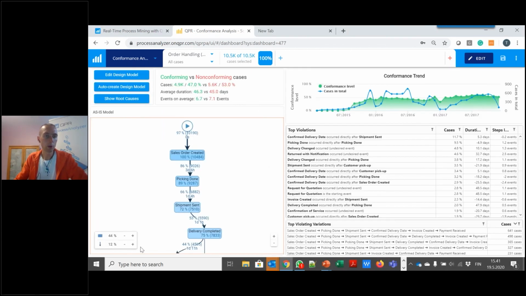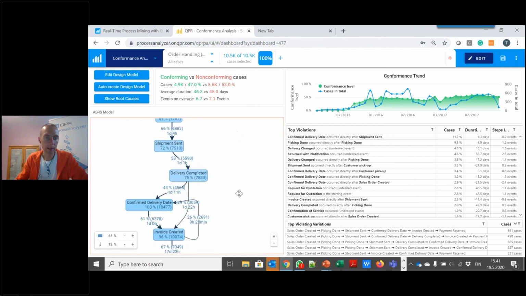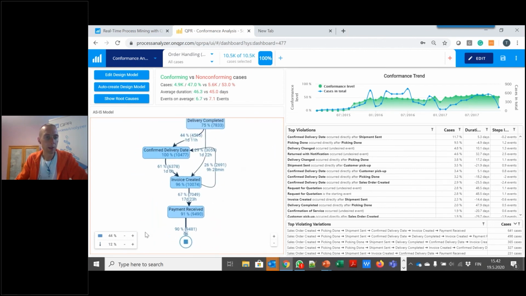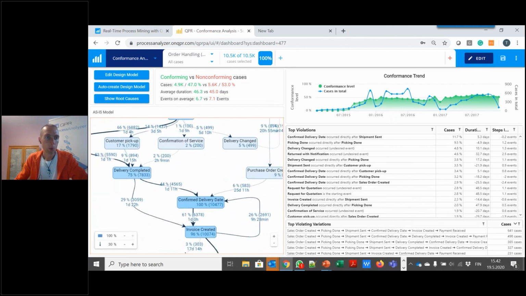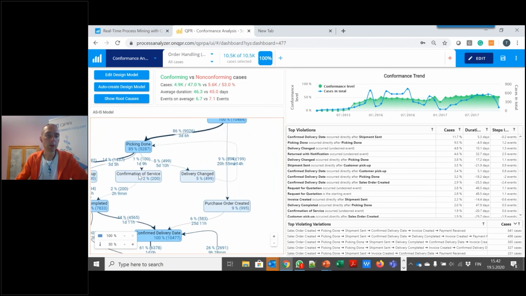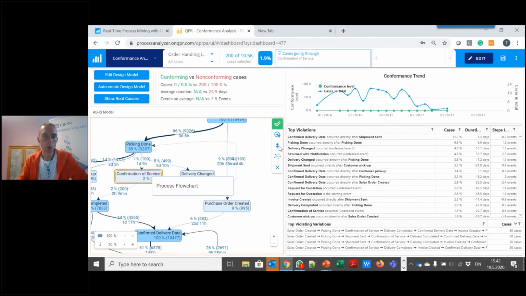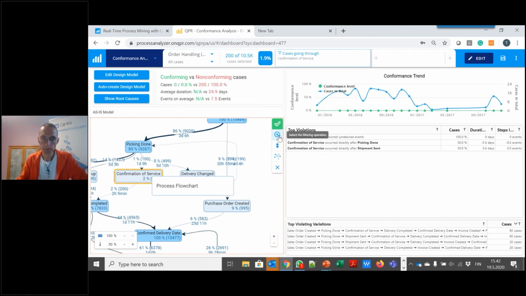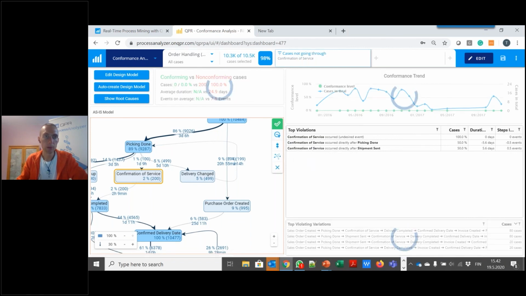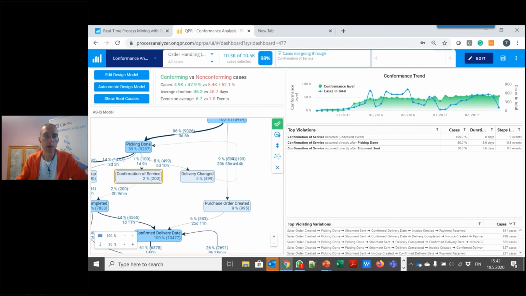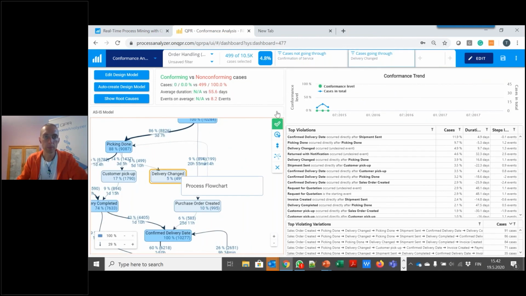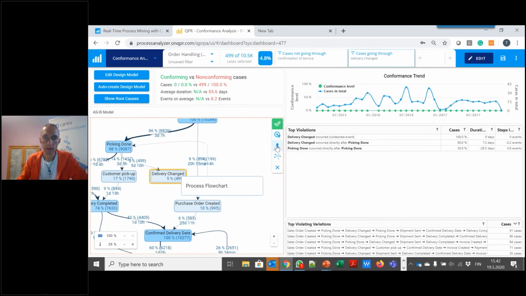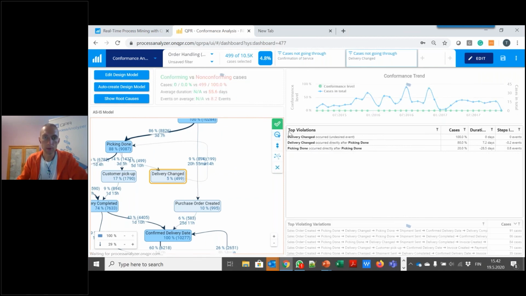And of course, what you can do, let's say that you have something that you are not that interested in in the process, but you have some step, for example, the confirmation of service, which would not be of interest to you. You can exclude the step. So let's exclude this particular step. We have 4,900 cases. Well, we don't have very many of those. Let's exclude another step as well, and let's exclude this one.